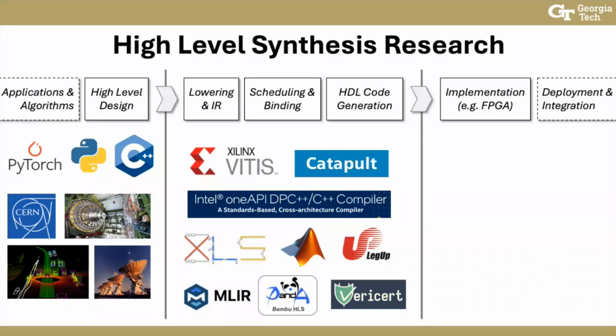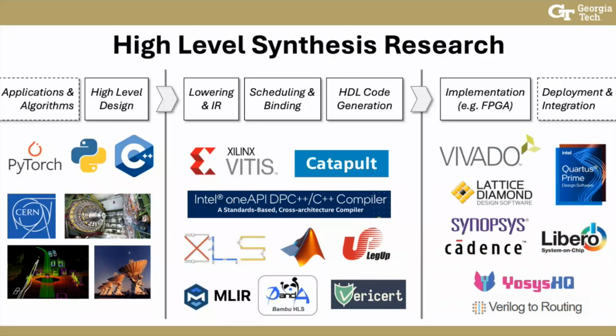This area of research is mostly focused on the compilers themselves. So I highlight a brief overview of the most common HLS compilers you might run into. Once you go downstream from that, once you have your HLS design, that all goes into traditional hardware design flows. That has to do with implementation and then deployment and integration into the real world.